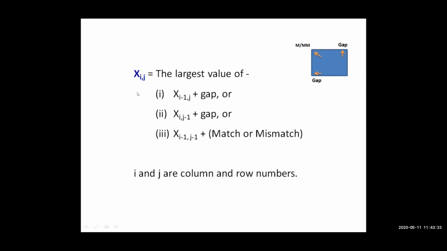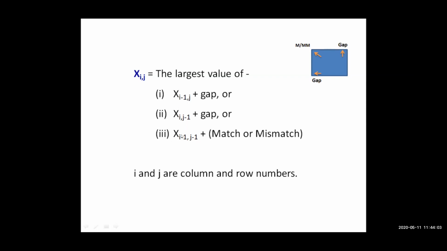So what does it say? Xij. X stands for any value in the ith column, jth row. If i is the column number and j is the row number, then at the position where the ith column coincides with the jth row, the value X will be determined as the largest value among these three.